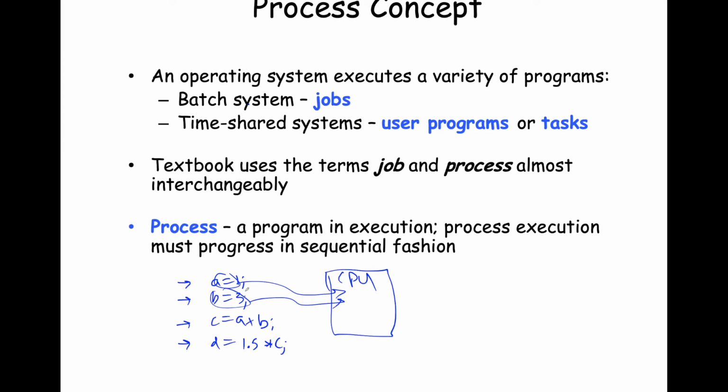So this stream of instructions that I've been calling an instruction stream is the executable form of your program. So a process proceeds in a sequential fashion as this instruction stream is executed on the CPU.